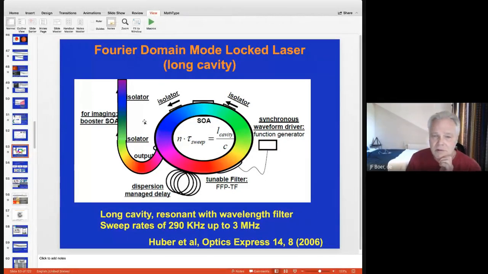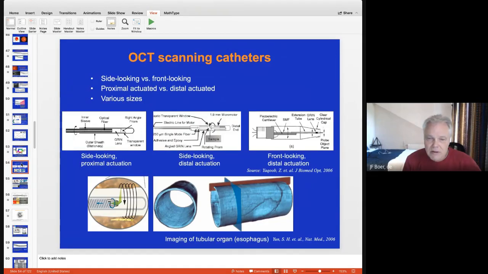The principle of this is basically that you take the colors and they run through this very long ring cavity in a resonant manner. It's called the Fourier domain mode-locked laser. I want to show you a little bit of the clinical implementation of these systems.